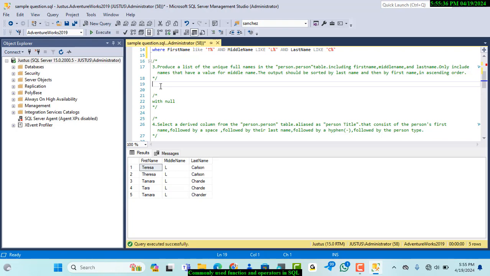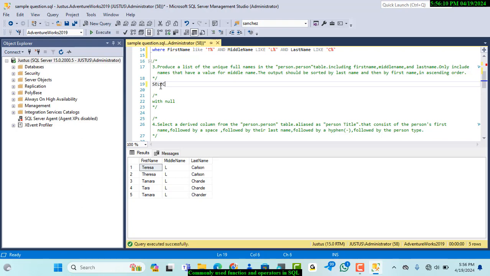The concept of sorting, that's number one. The other concept is the use of IS NOT NULL, and of course the WHERE clause.